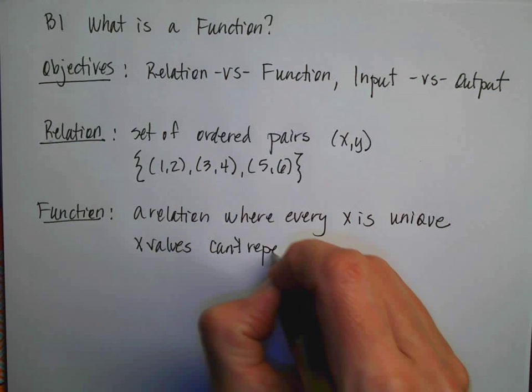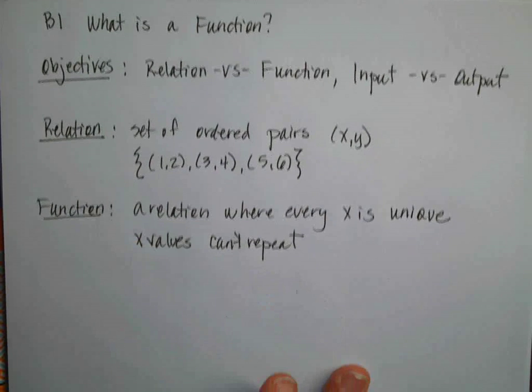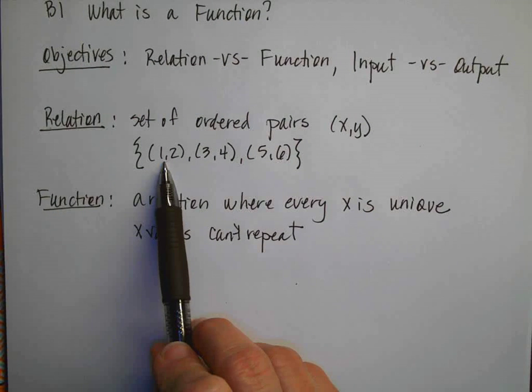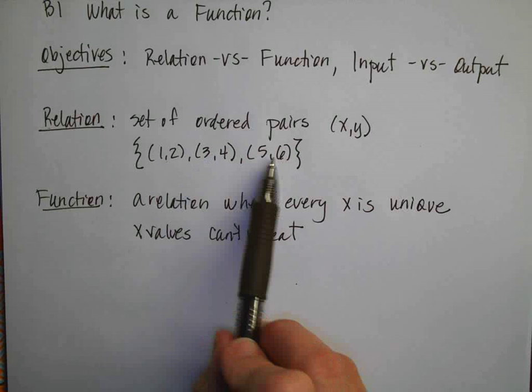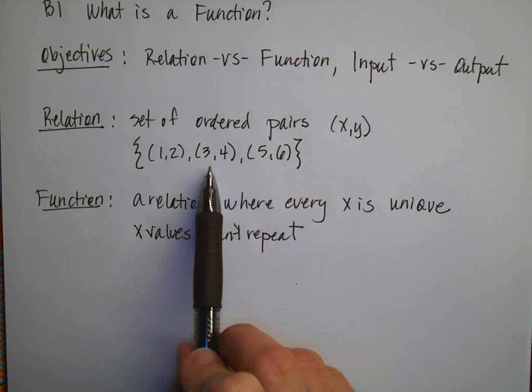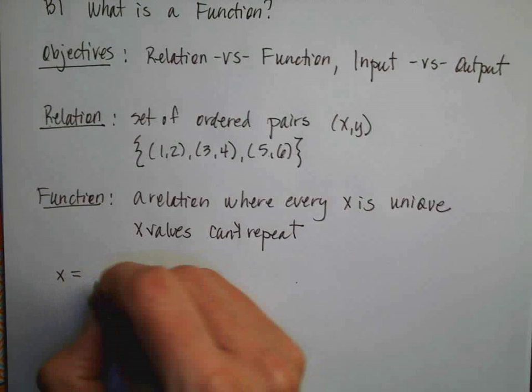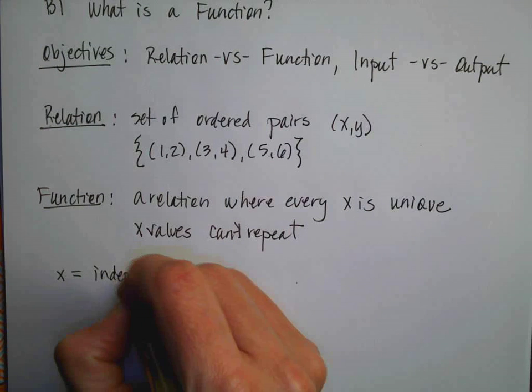They have to be standalone values, okay? So for particular information, if I looked at this relation, my x's are 1, 3, and 5, so this relation would be a function.